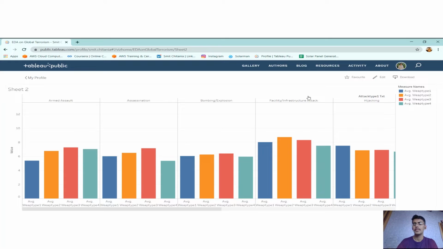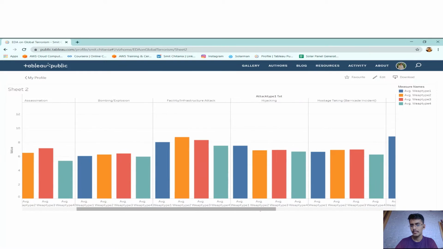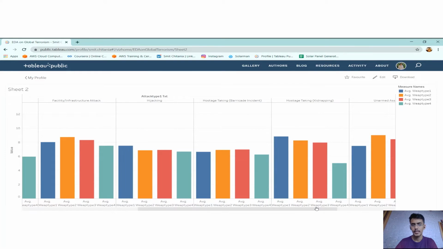In the facility or infrastructure attack, weapon 2 is mostly used, around 8.725. During hijacking, we have weapon 1, which may be an aviation vehicle or something.